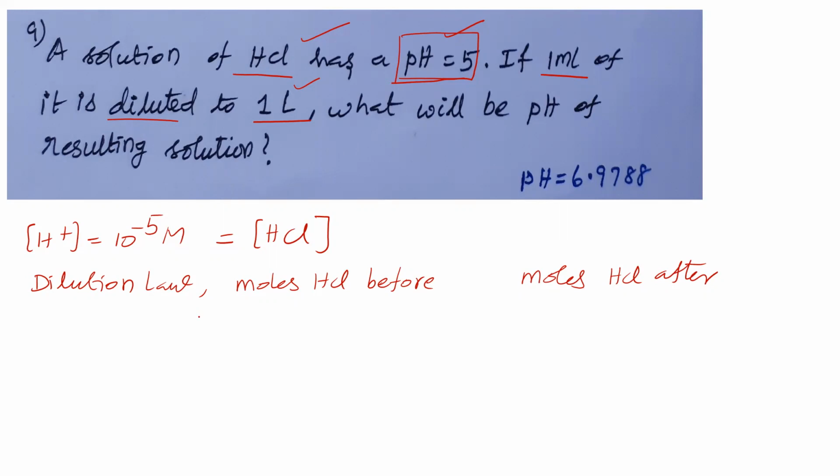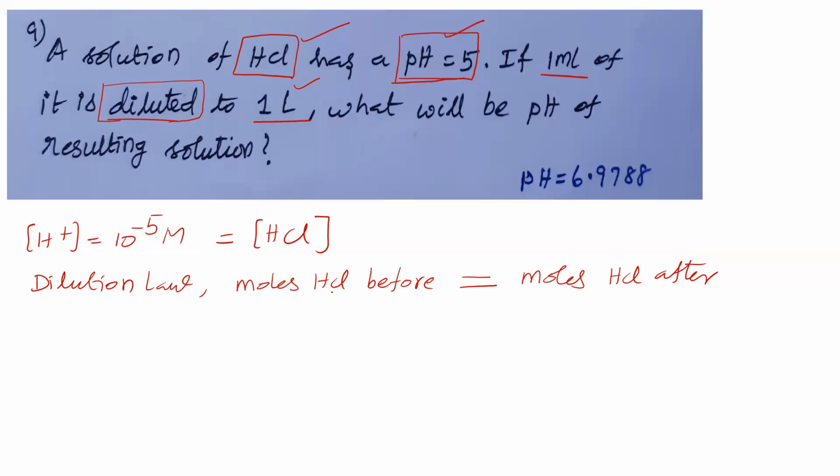Dilution means you are adding only water, adding solvent, you are not adding solute. Therefore, the number of moles of HCl before dilution and after dilution will be equal. Why? Because dilution means addition of solvent, addition of water. We are not adding HCl. Therefore they must be equal.